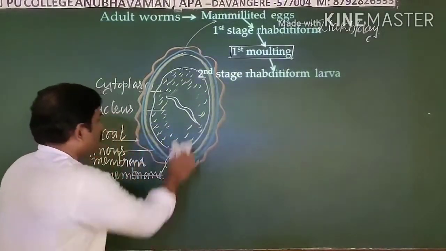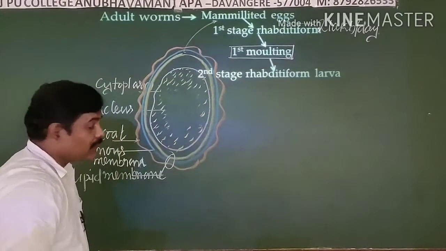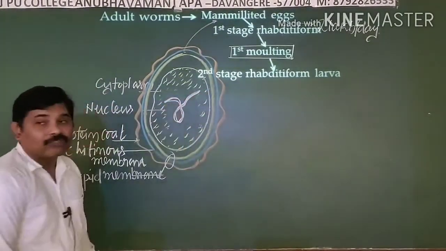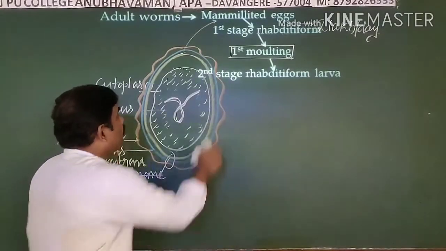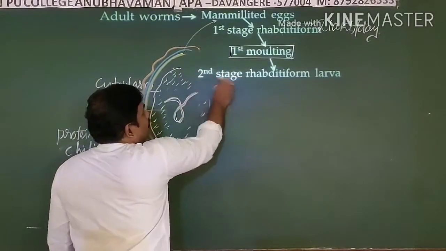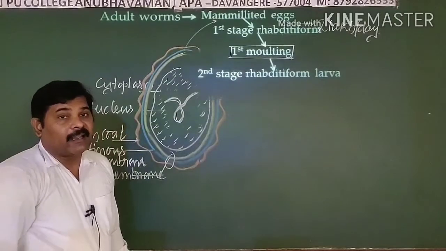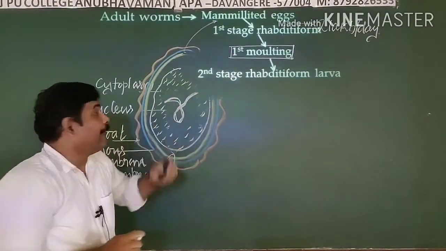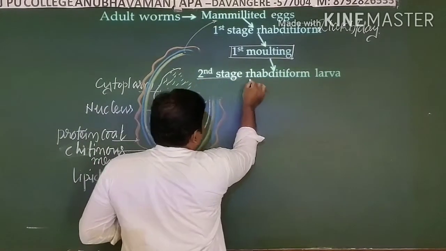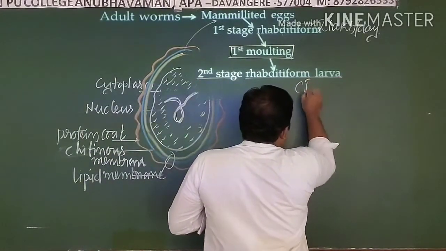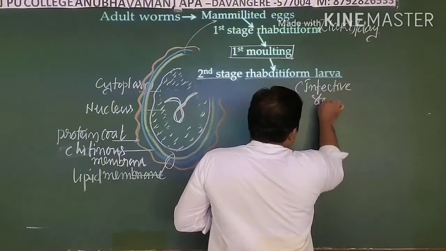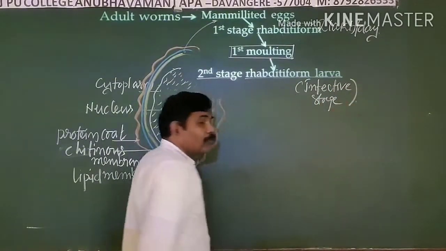This is how it develops and changes. This is called the second stage rhabditiform larva. I said very clearly that the embryonated egg or mammillated egg with the second stage rhabditiform larva is the infective stage to man. What does that mean?